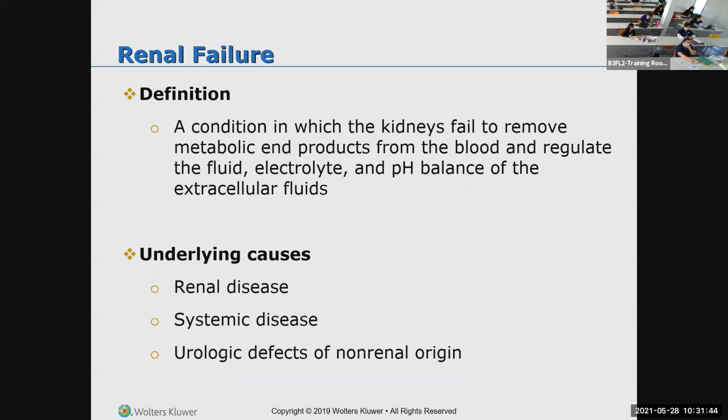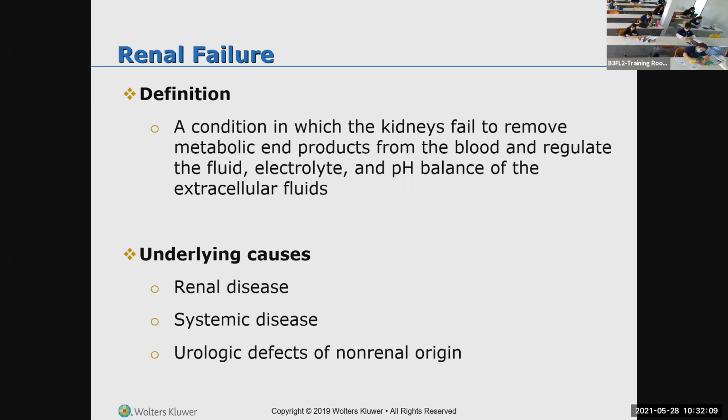Now, the cause may be kidney disease itself, maybe systemic disease, or maybe urologic defect of non-renal origin. Maybe pre-renal, renal, or post-renal.